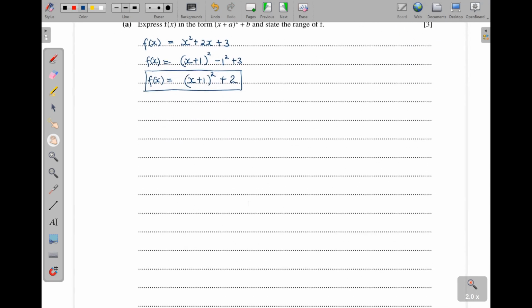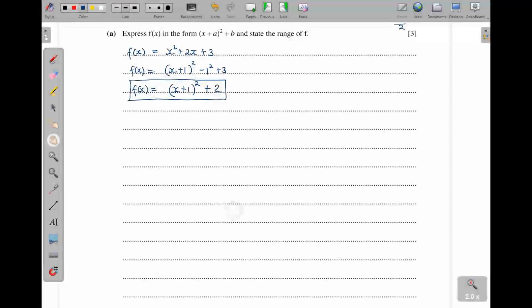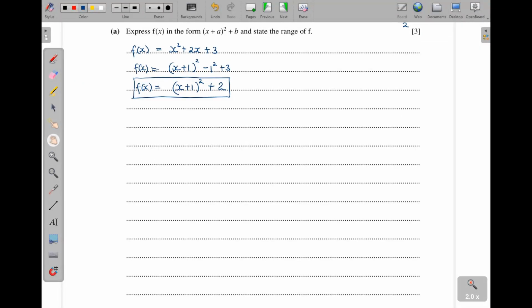Alternatively, we can expand and equate coefficients, okay? Alternatively, we have x squared plus 2x plus 3 will be the same as x plus a squared then plus b. So we expand this one, it will be x squared plus 2ax then plus a squared, then plus this b here.